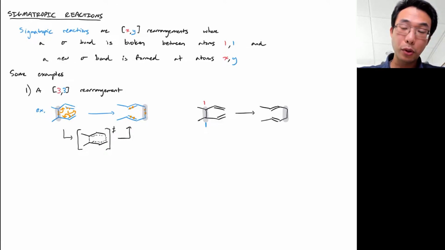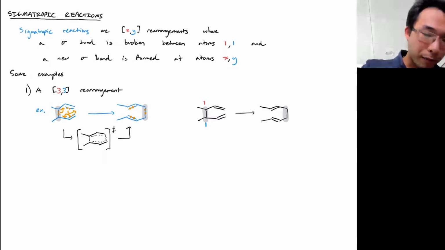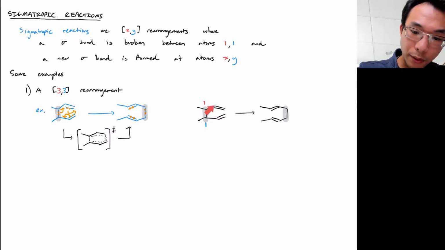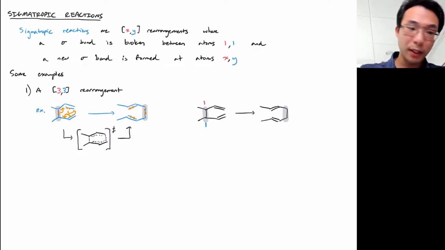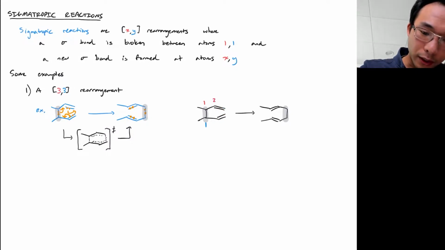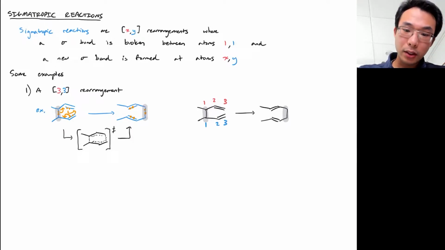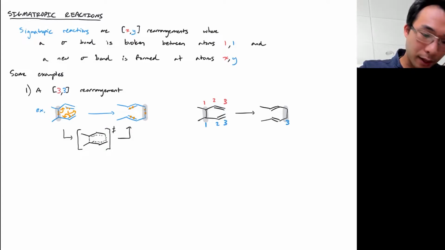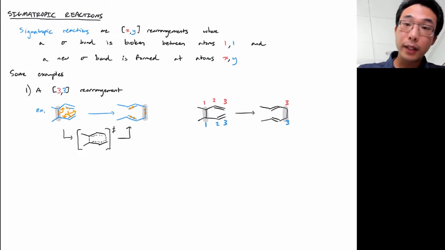So those two carbons are my 1 and 1. From there, I've got numbering all the way out to these two carbons right here, because that's where my new bond is being made. And so my numbering goes 1, 2, 3 in red, 1, 2, 3 in blue. So in my new bond, I have a 3,3 location for that new bond. That's why I call this a 3,3 rearrangement.